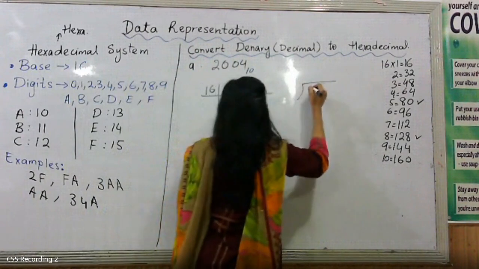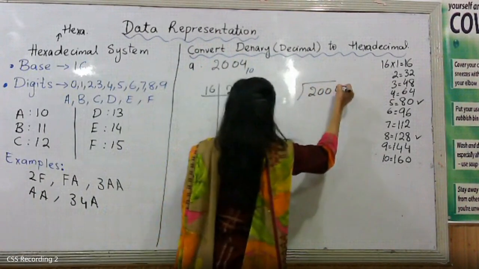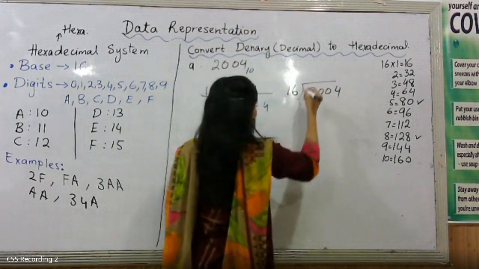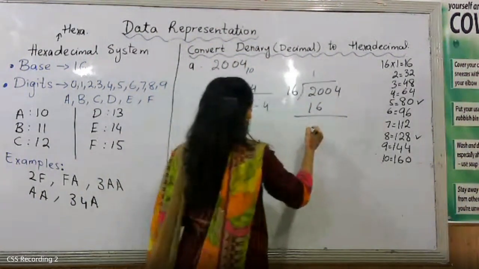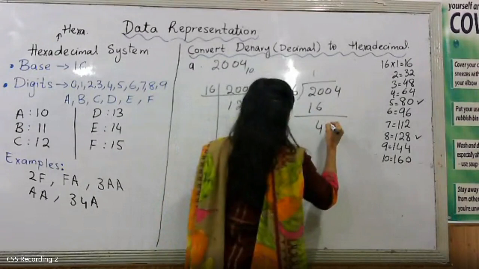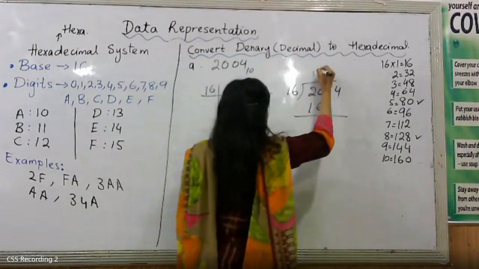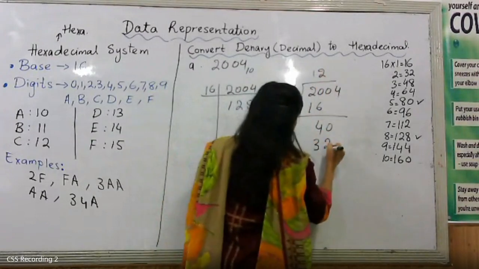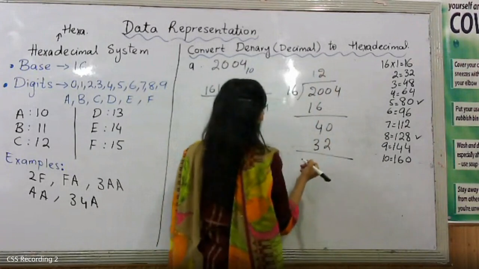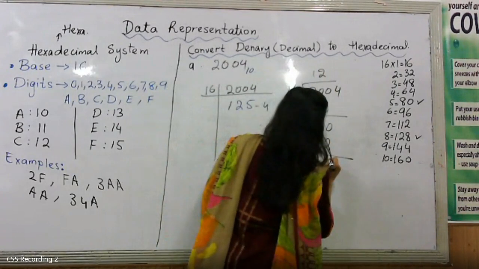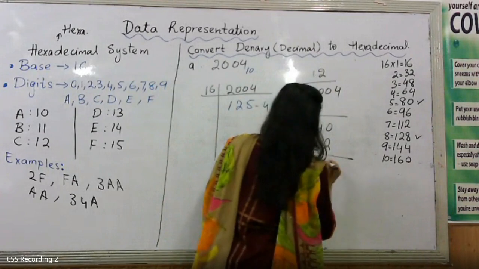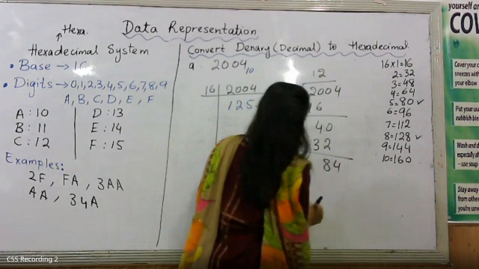2004 divided by 16. 16 one time is 16, and that will be 4. 0, 2 times is 32, and we get 8, so 84.